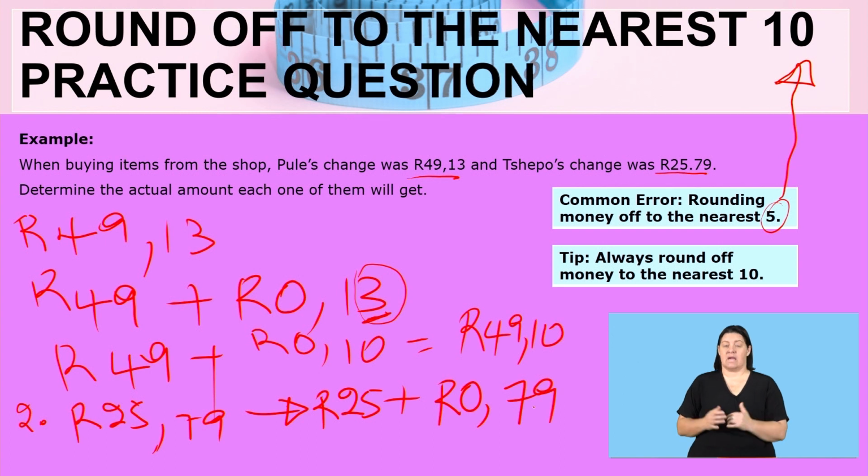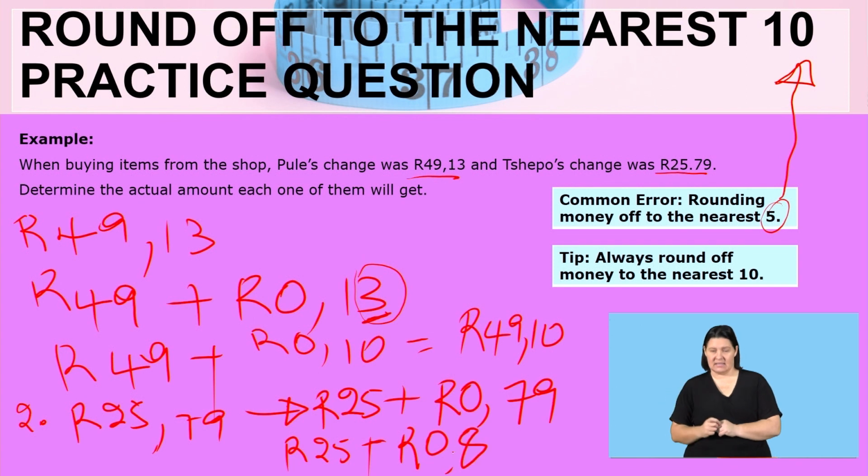Then you can see the 79 cents is very close to 80 cents, because 9 is greater than 4. If 9 is greater than 4, then this will be adjusted upwards, and 0.79 will now be 80 cents. So 25 rand plus 0.80 will give us 25 rand 80.